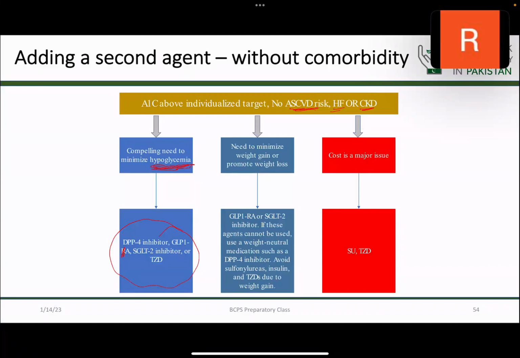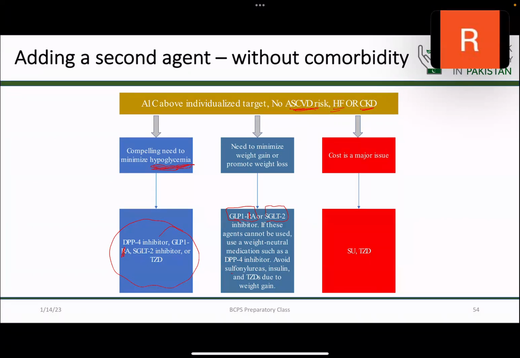On the other hand, if the concern is to minimize weight gain or promote weight loss, then definitely we have some other options. For example, GLP-1 agonists are very good at reducing weight, and sodium glucose transporter 2 inhibitors do not cause weight gain. So we can consider these agents.